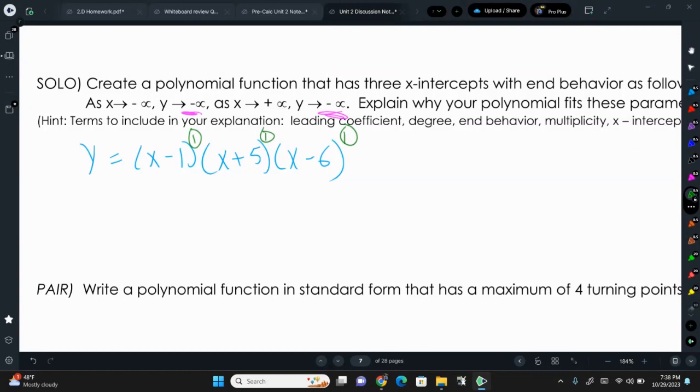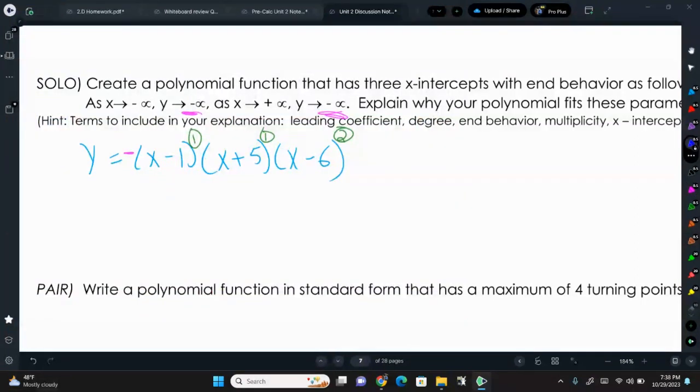So the ends would go in opposite directions. So I need to change one of these to a 2. So now that my degree is 4, 1 plus 1 plus 2 is 4. And since both sides are going down to negative infinity, I need to have a negative in the front.